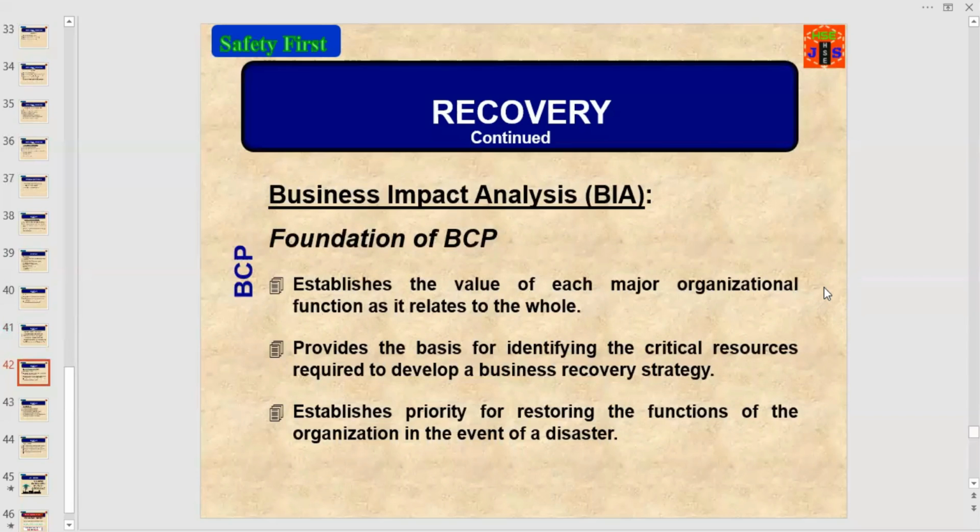Business impact analysis establishes the value of each major organizational function as it relates to the whole. It provides the basis for identifying the critical resources required to develop a business recovery strategy. It establishes priority for restoring the functions of the organization in the event of a disaster.